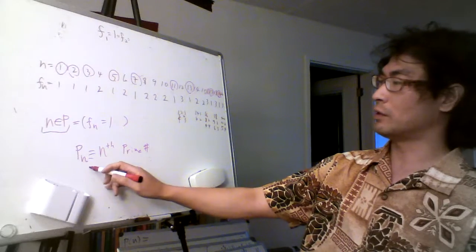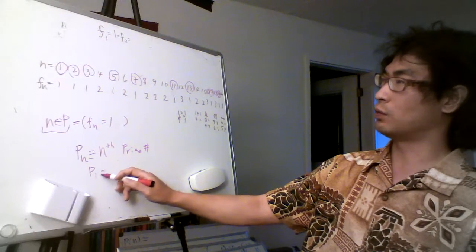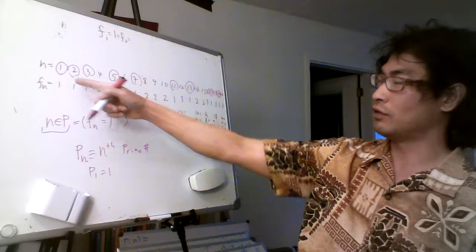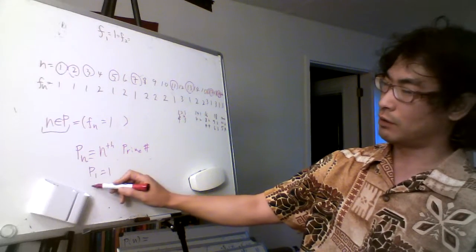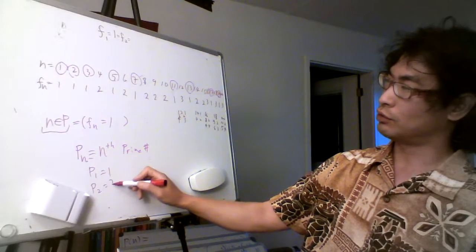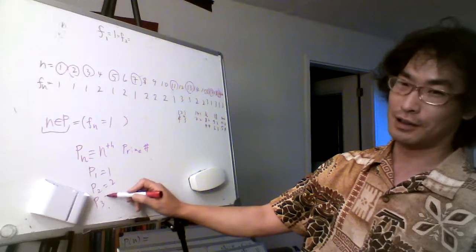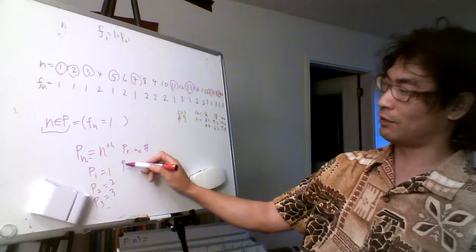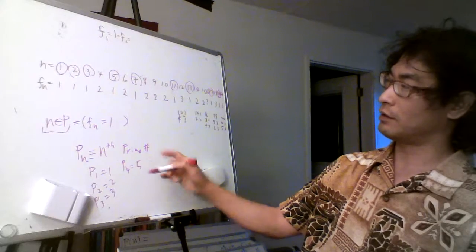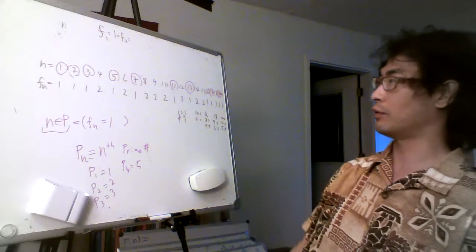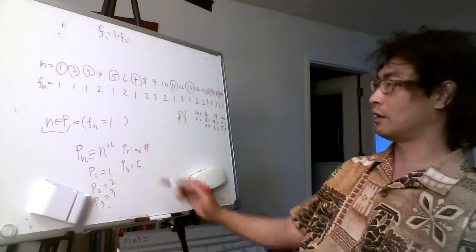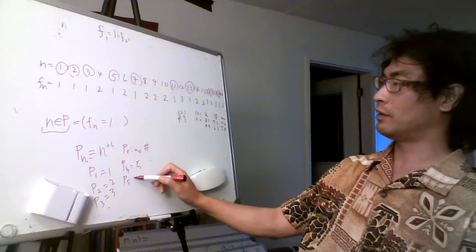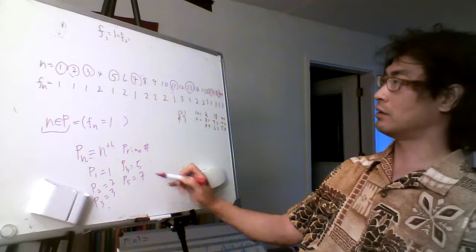So, for example, p1 is 1, the first prime number. We'll start from 1. p2 is 2. p3 is 3. p4 is 5, the fourth prime number. p5 is 7.